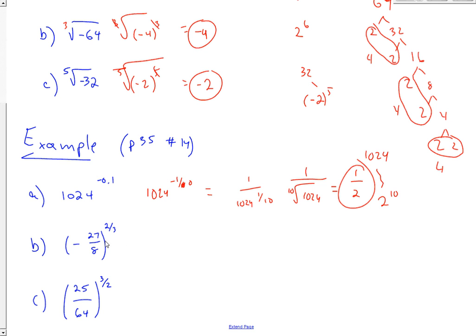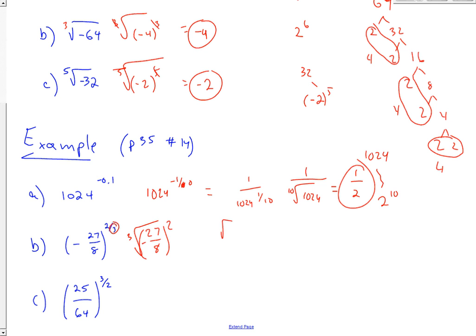Example B, or part B, I'm going to have this to be the third root, because the denominator here is 3, so that's the third root of the negative value of 27 over 8. And my exponent on that is a 2. Then I can take the cube root of the fraction here.